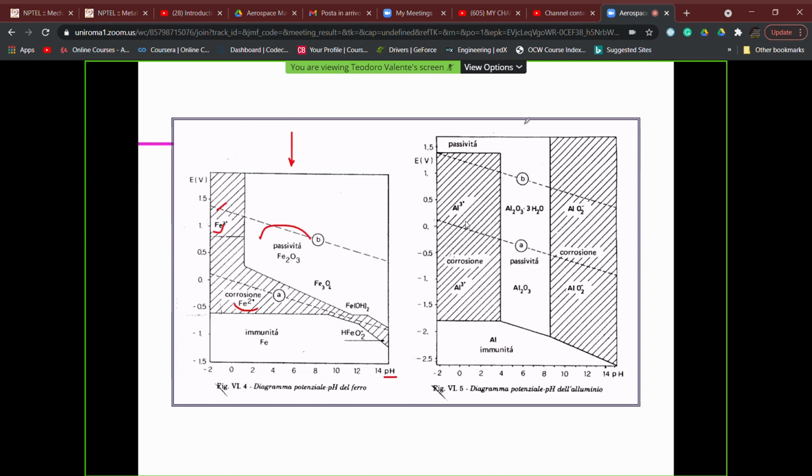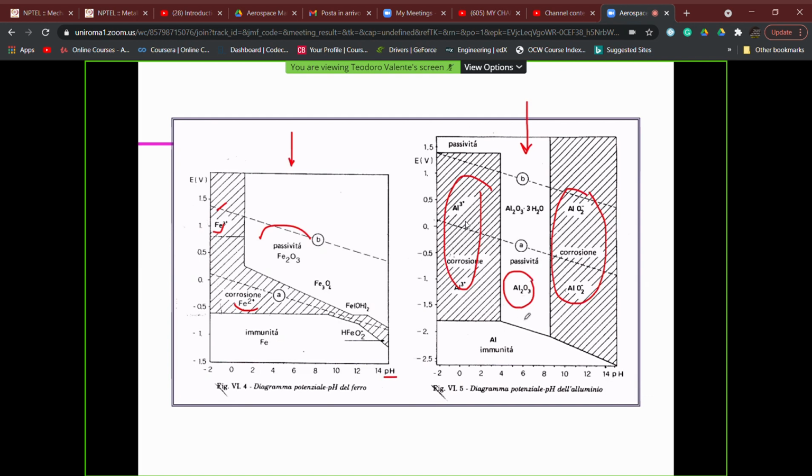If we move to aluminum, for example, you see here we have two broad areas in which we have stability of ions, okay? But we do have also an area in which we have stability of an uncharged compound. That is an oxide, in this case.